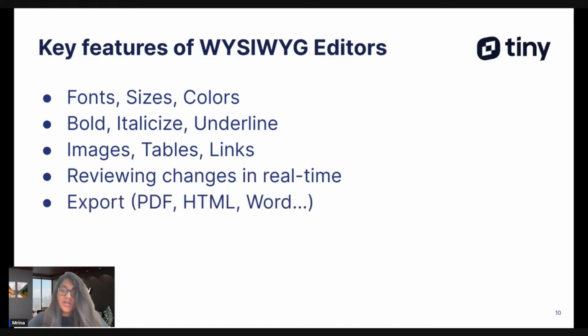Exporting the final product into PDF, email, Word, and other formats is very big amongst a lot of WYSIWYG editors. There's built-in accessibility checking, which I believe provides alerts about issues that should be addressed.